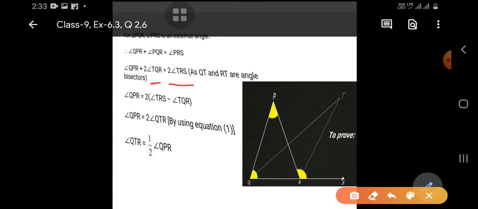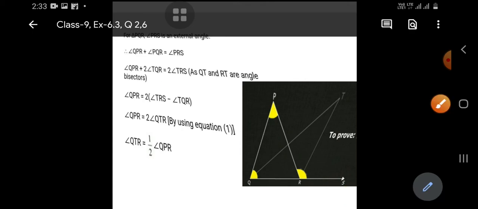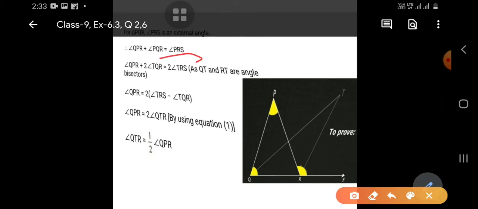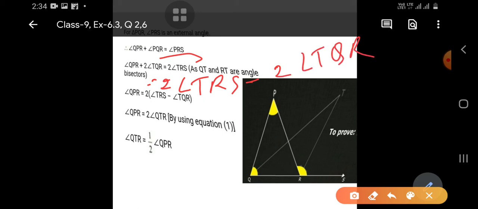Okay. Now transpose 2 into angle TQR from left to right side, then you get 2 angle TRS minus 2 angle TQR. So here 2 can be common. Then we get 2 into TRS minus TQR. Look at here.